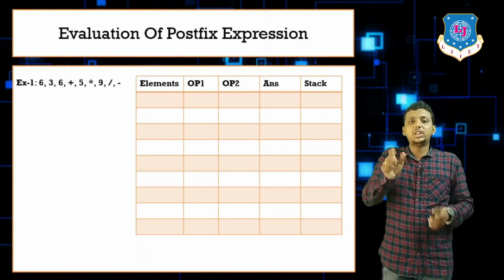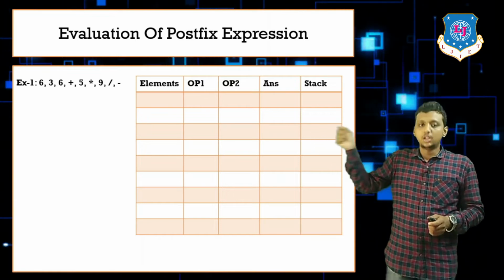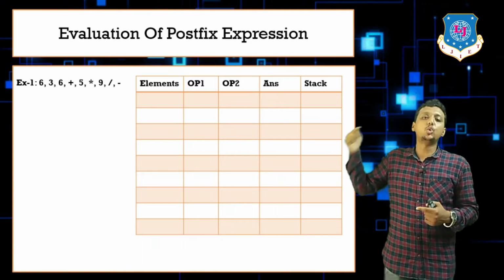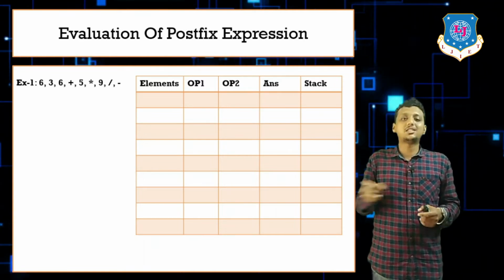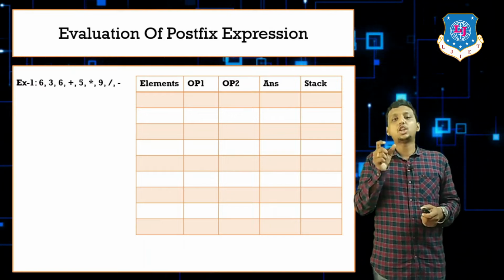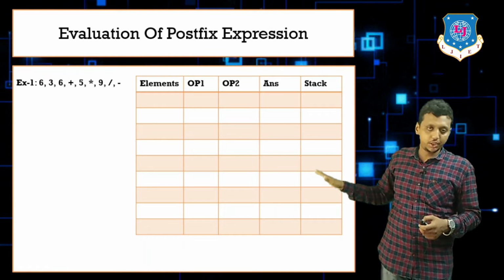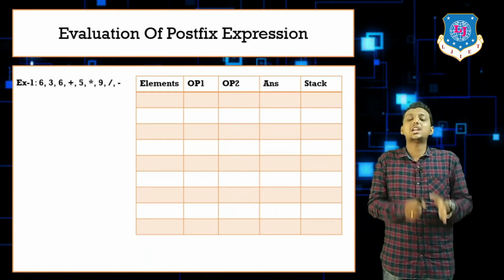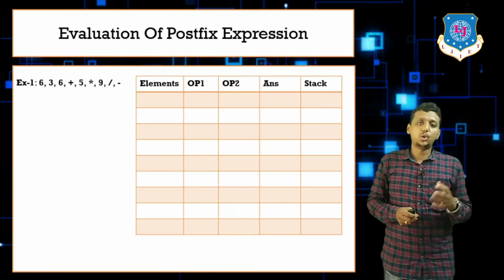We just need to take one by one character element from the expression. Then we have OP1 and OP2. Students, OP1 and OP2 are the operands. Whatever operands you popped out from the stack, you just need to put over here. Then we have the answer, and the last one is the stack. Let me show you how to do this.